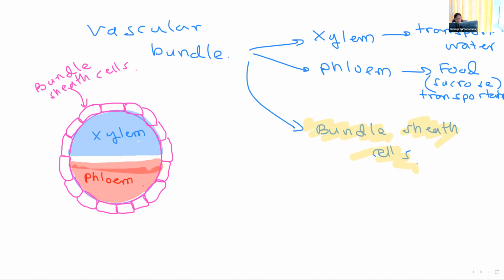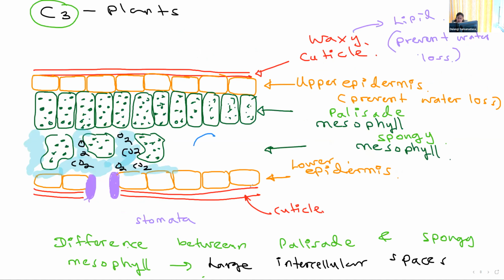Is this clear? Netpi? Momal? Gopika? Can you draw the exact same thing here? Can you put the vascular bundle somewhere here, the circle? Arrange everything.